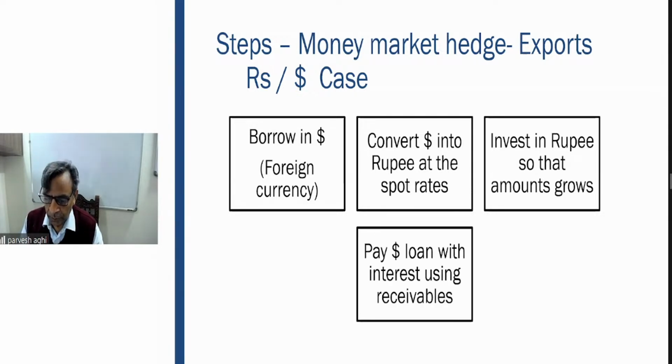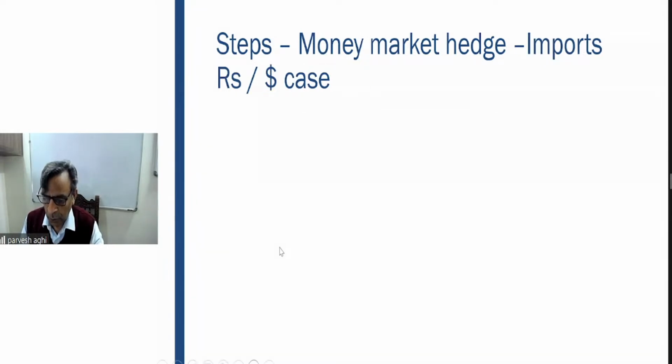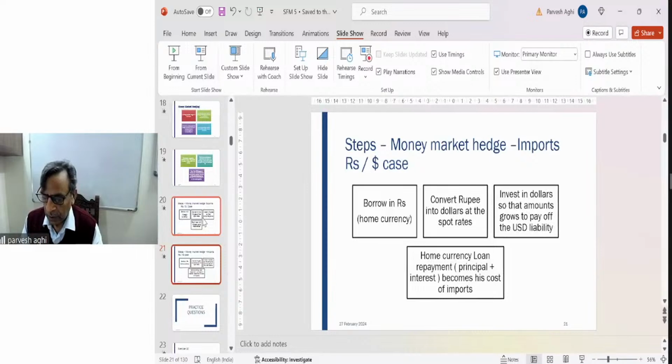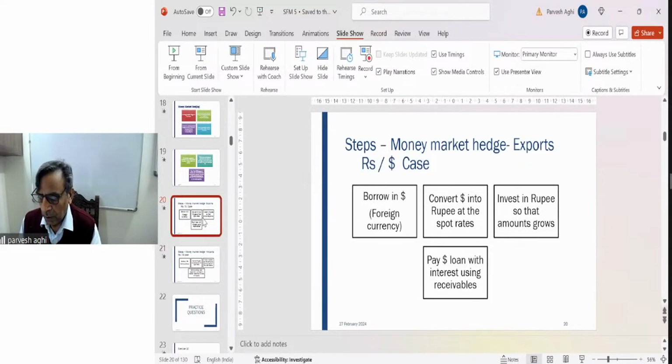Pay the loan with interest using receivables. Since you are an exporter, you have to receive money from abroad, so you are going to borrow money in such a way that the amount required to repay the loan will be equivalent to the receivables.